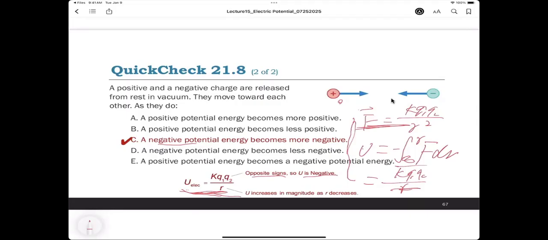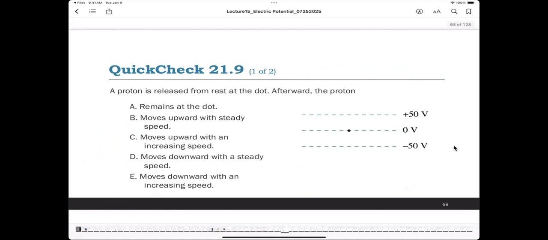As they move toward each other, the distance decreases, which means the magnitude increases. So the answer is that a negative potential energy becomes more negative. Does this make sense to you? Okay, let's continue.